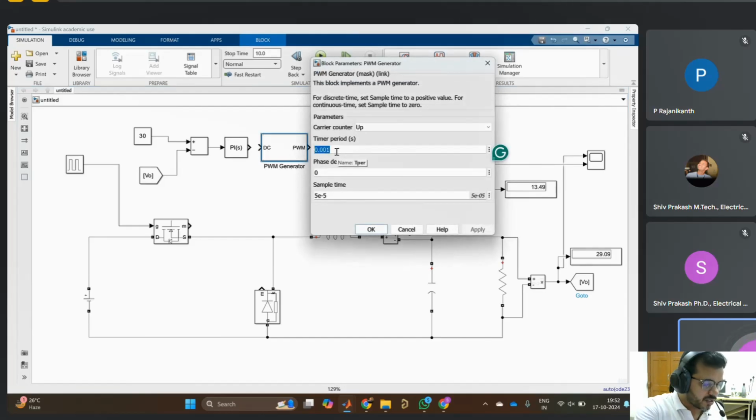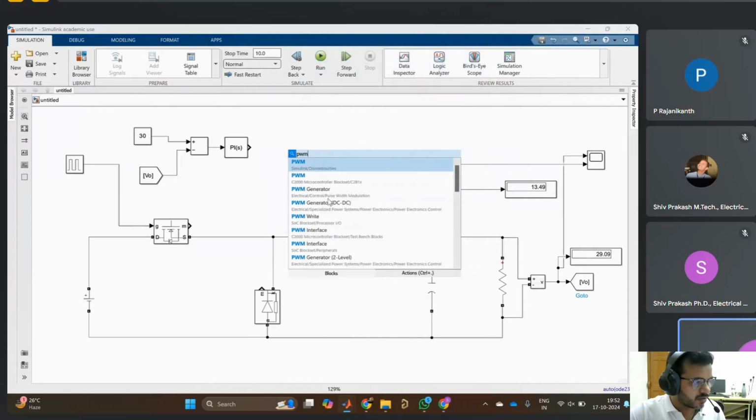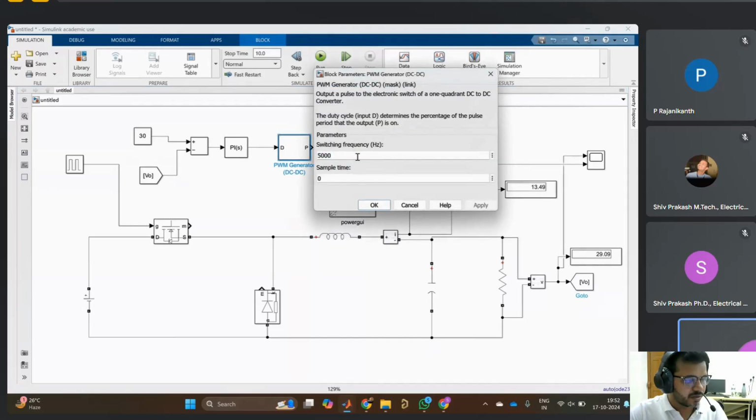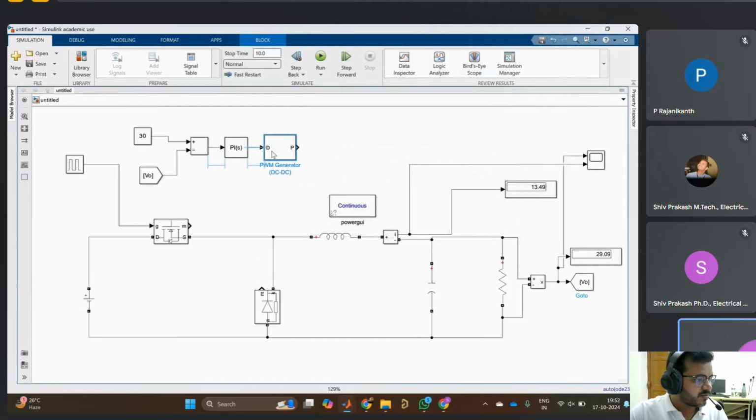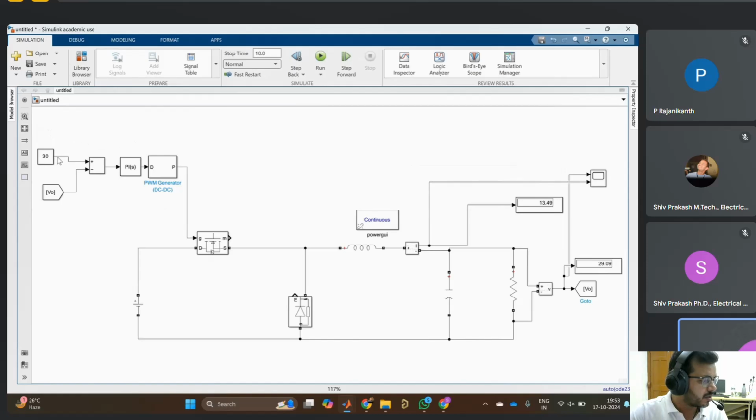Time period of this one, same thing. In place of this one, take this one. Both have the same, 50 kilohertz. Same thing you can give to your MOSFET.